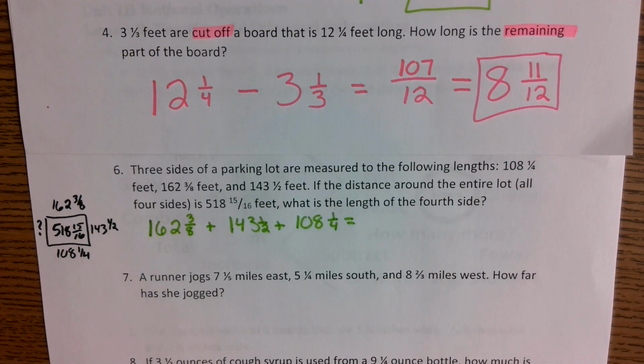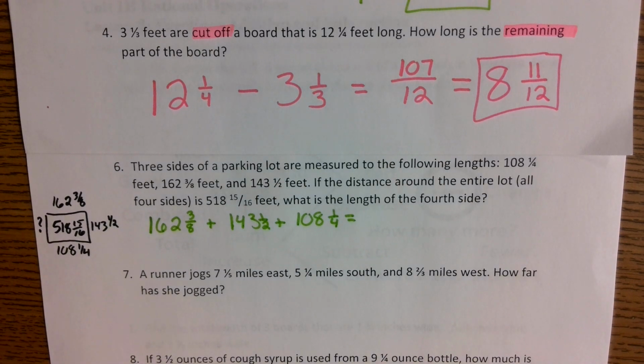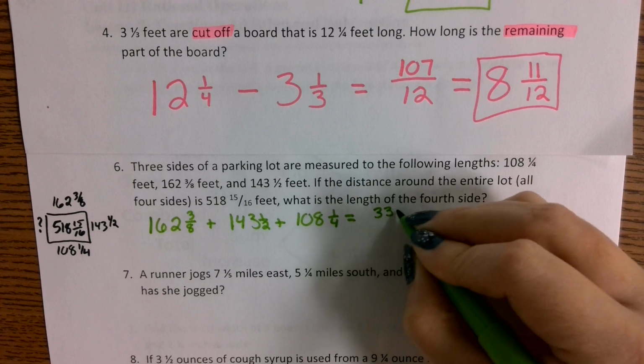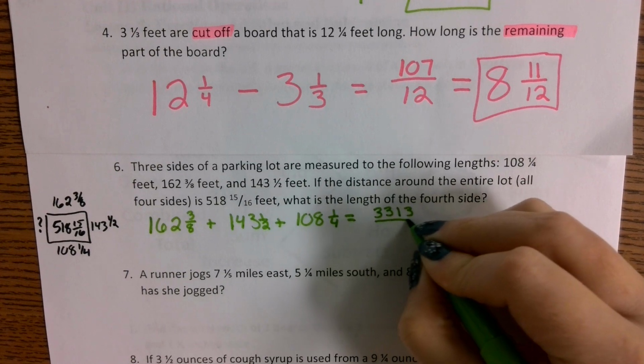So I want you guys to do that right now. 162 and 3/8 plus 143 and 1/2 plus 108 and 1/4. Okay, when we do that, we're going to get 3,313 over 8.